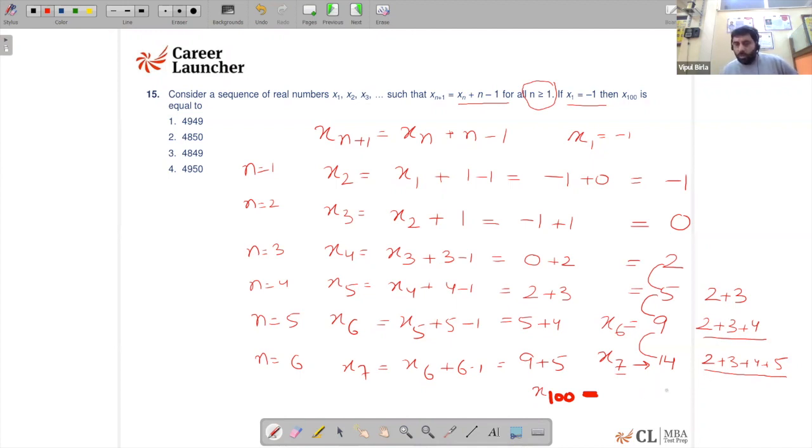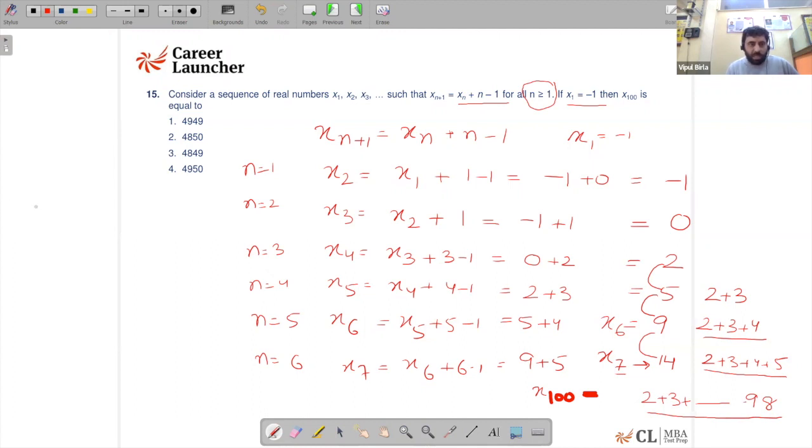So the number of terms will be 97, which will start with 2 plus 3 and go till 98. So x of 100 that we are supposed to calculate is going to be from 2 till 98, the sum of all natural numbers.